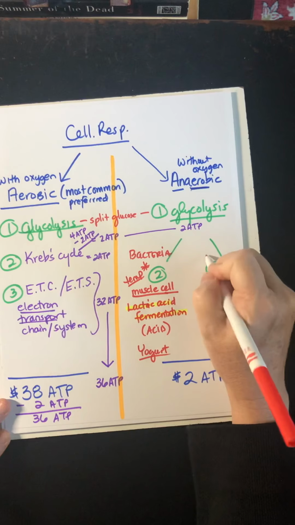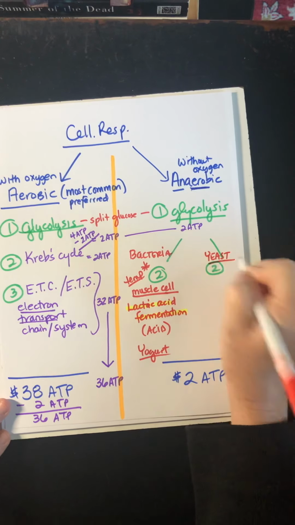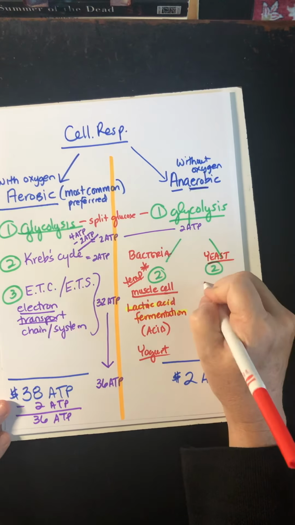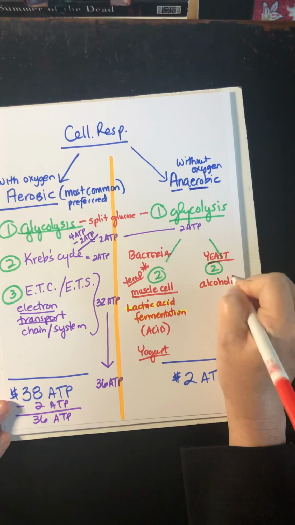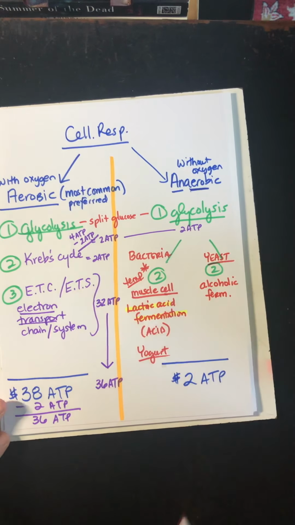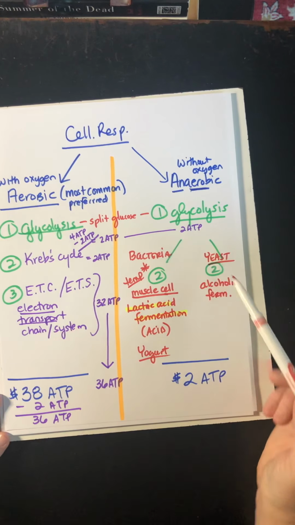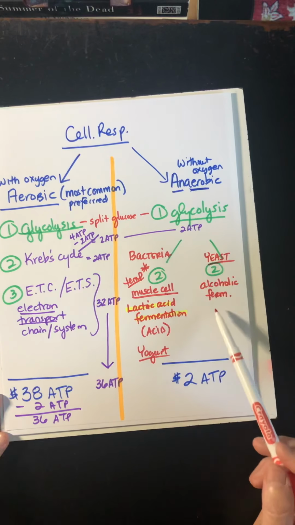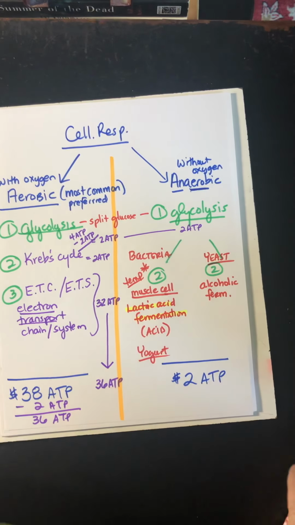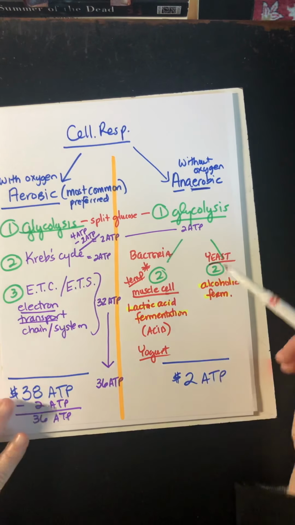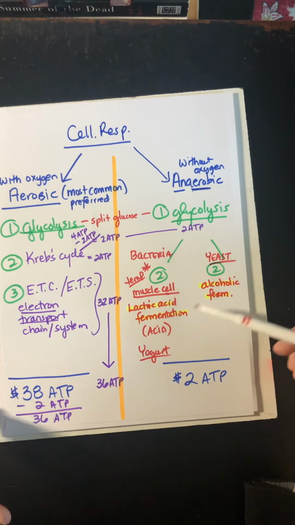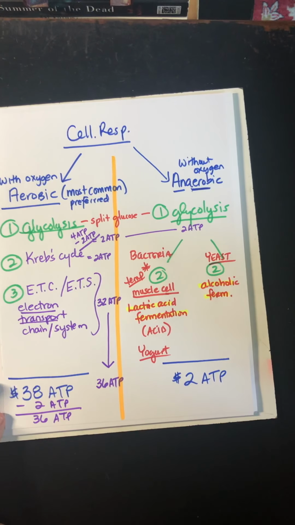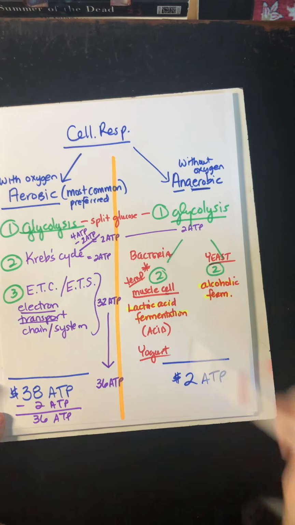And then the other one, the only organism on earth that can do this, are yeast, and it's called alcoholic fermentation. All right, and what they do is, in the absence of oxygen, they will do glycolysis, but then their second step is alcoholic fermentation. And what they do is they take their food and they release ethyl alcohol. And so this is how wine, beer, liquor, all those alcohols are made: they take different food and they feed it to yeast.